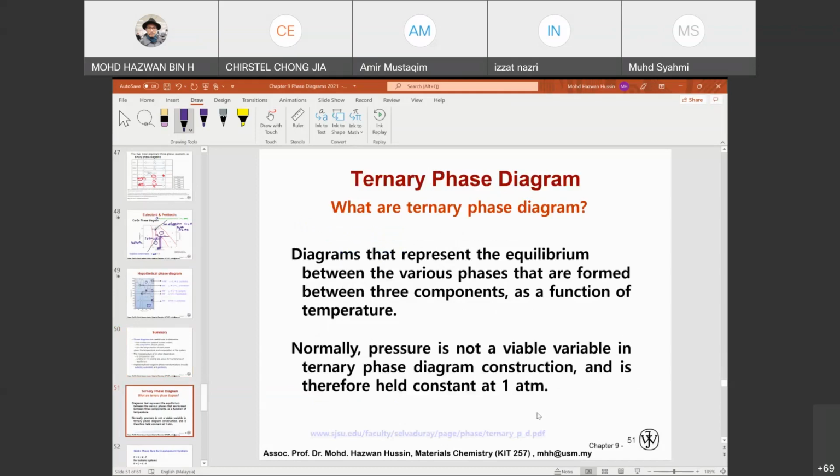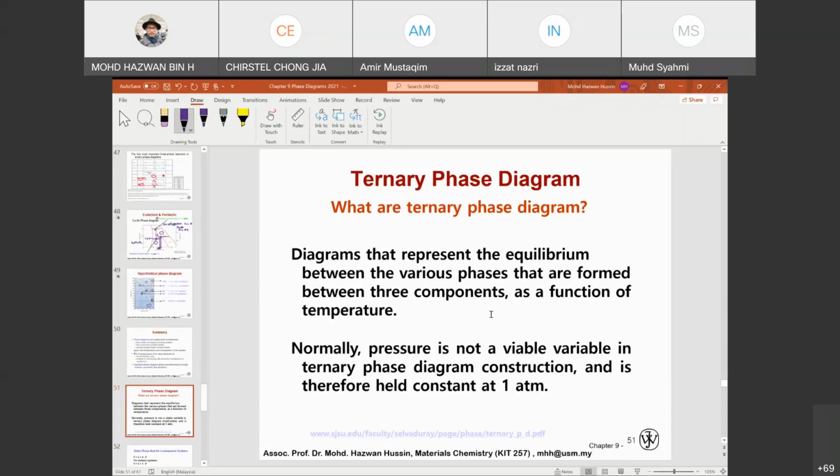So today we are also going to study the last part of this chapter, which is the ternary phase diagram. When we talk about a ternary phase diagram, ternary means a three-component, three-element phase diagram.